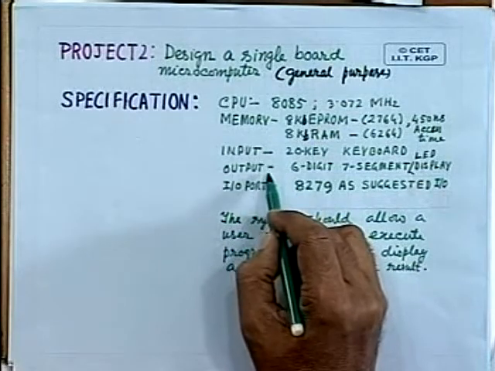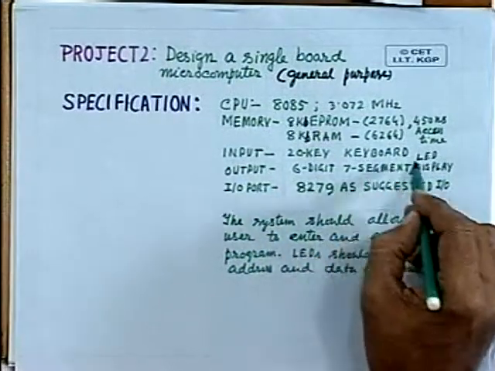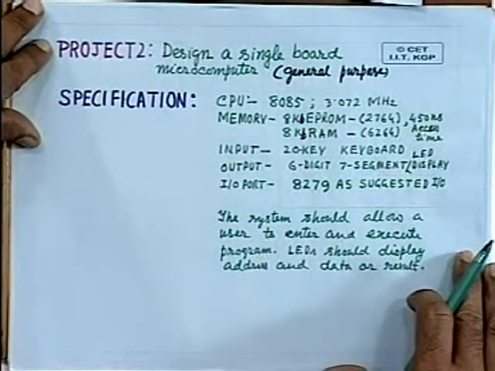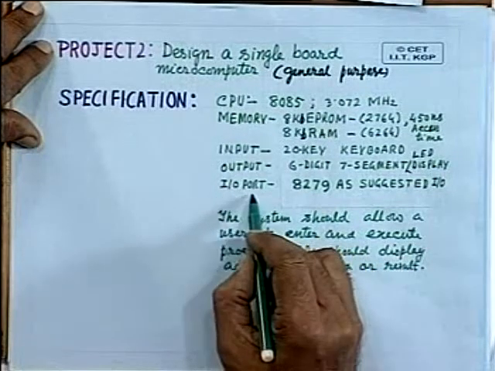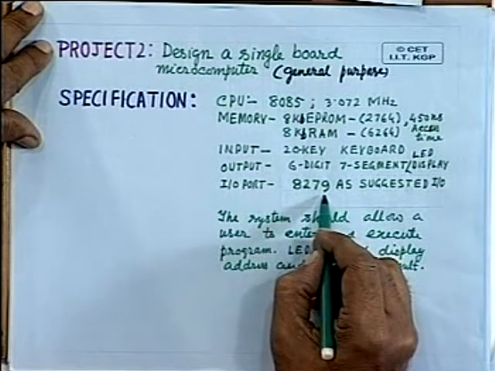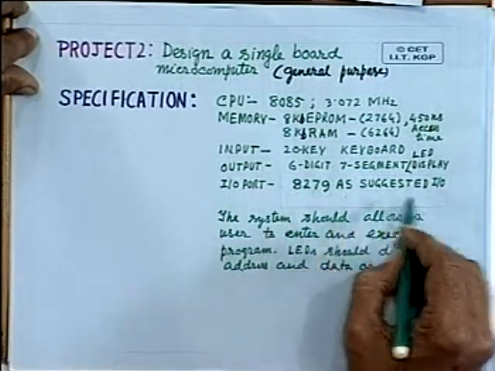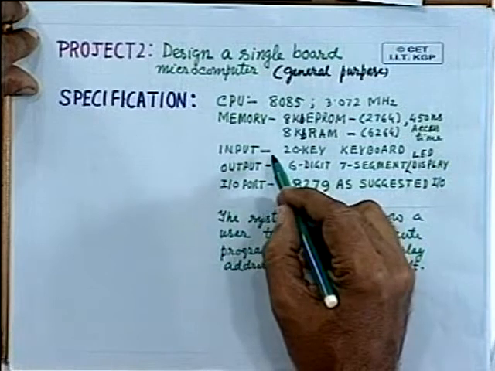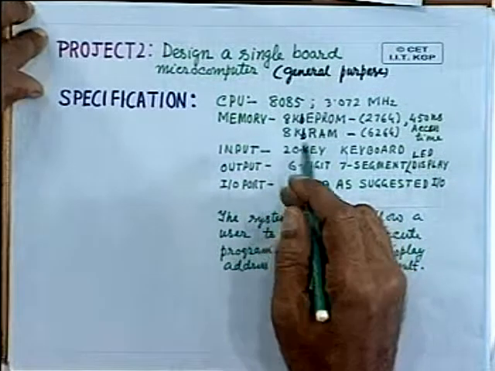Interfacing of the keyboard and LED display can be done by using the IO port 8279. So 8279 is suggested as the IO for interfacing input and output. You could have used 8255.